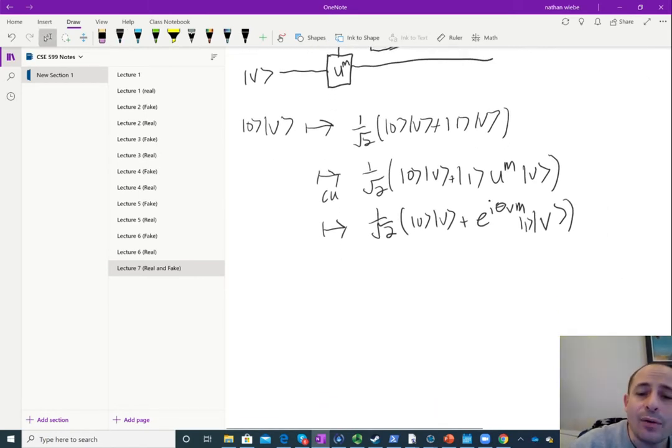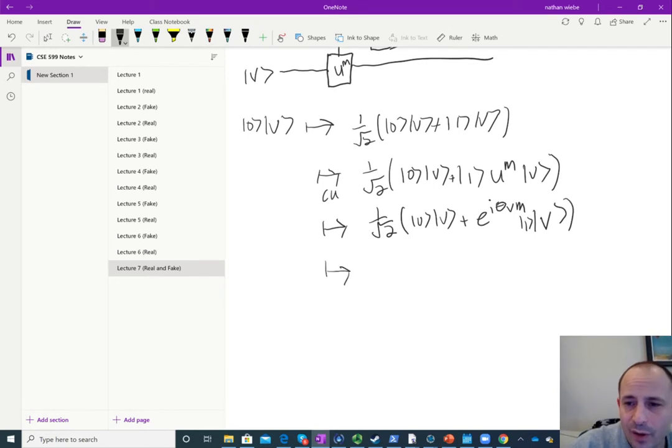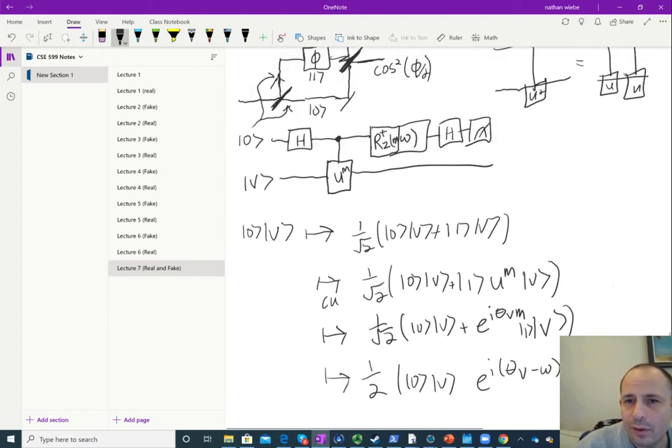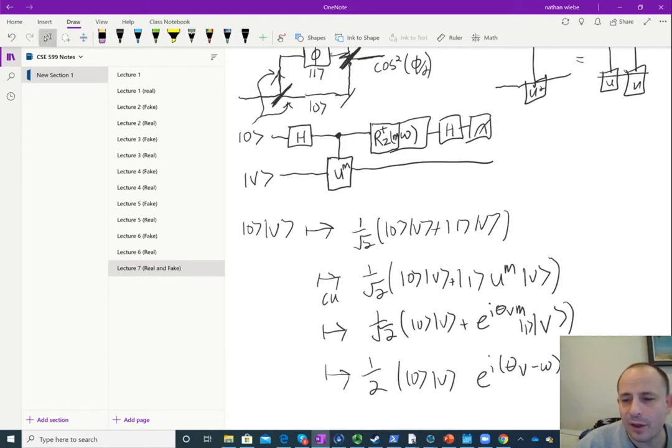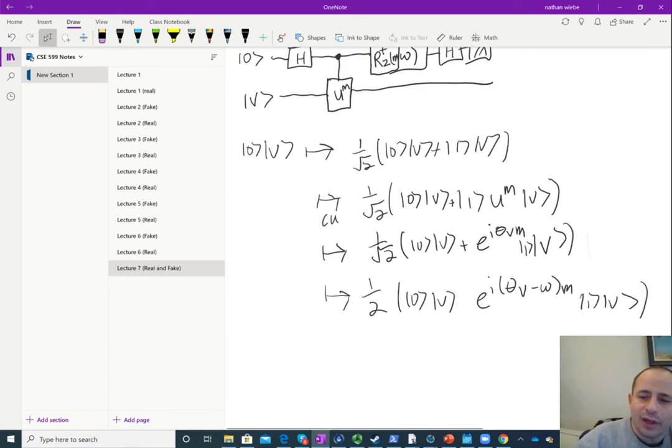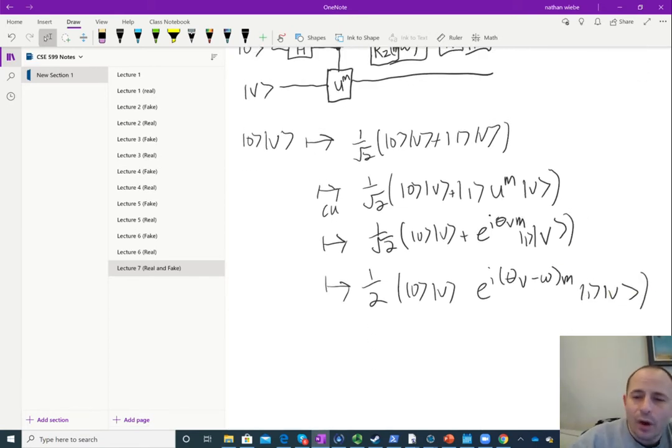Okay, now we apply the rotation, and the rotation will end up giving us |0>|v> plus e to the i (theta v minus omega) times m |1>|v>, just by this definition over here of RZ. And there should be a plus sign still in between.